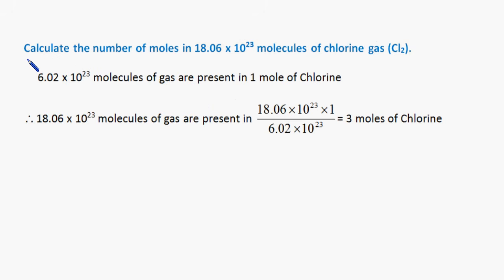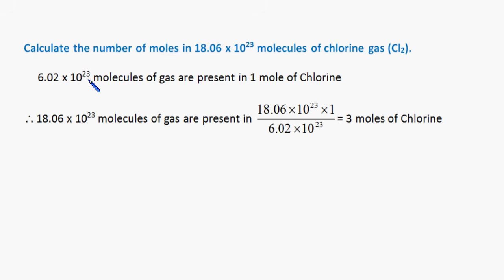In this next example, we have: calculate the number of moles in 18.06 × 10^23 molecules of chlorine gas. So we want number of moles again. So number of moles needs to be on the right-hand side. Now, we know that 1 mole of a substance contains 6.02 × 10^23 particles.